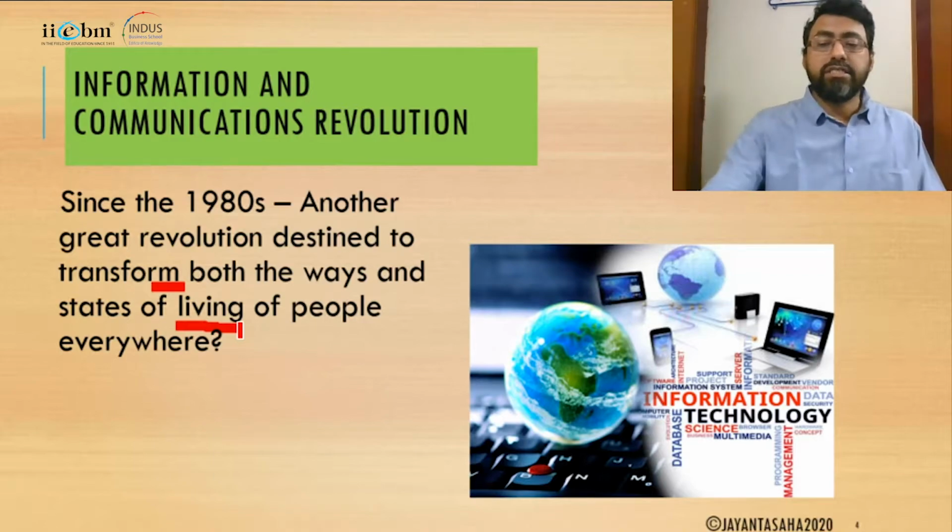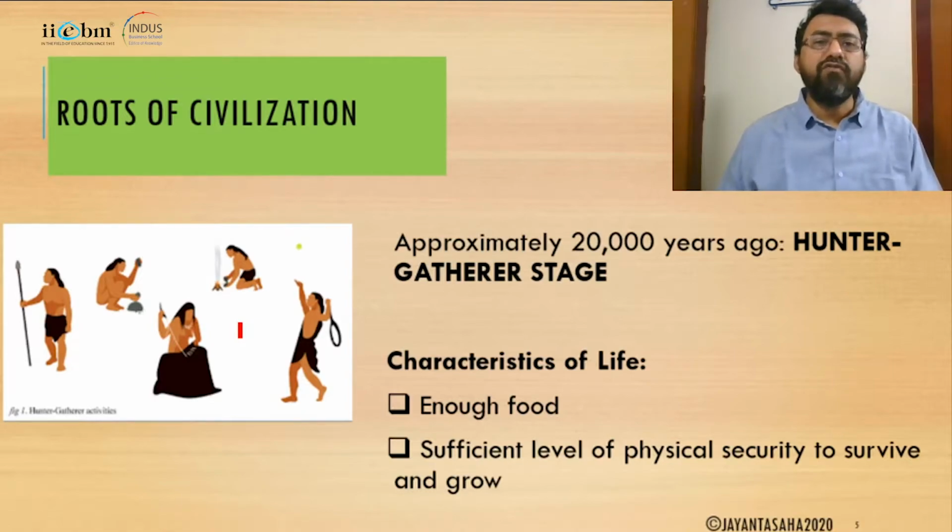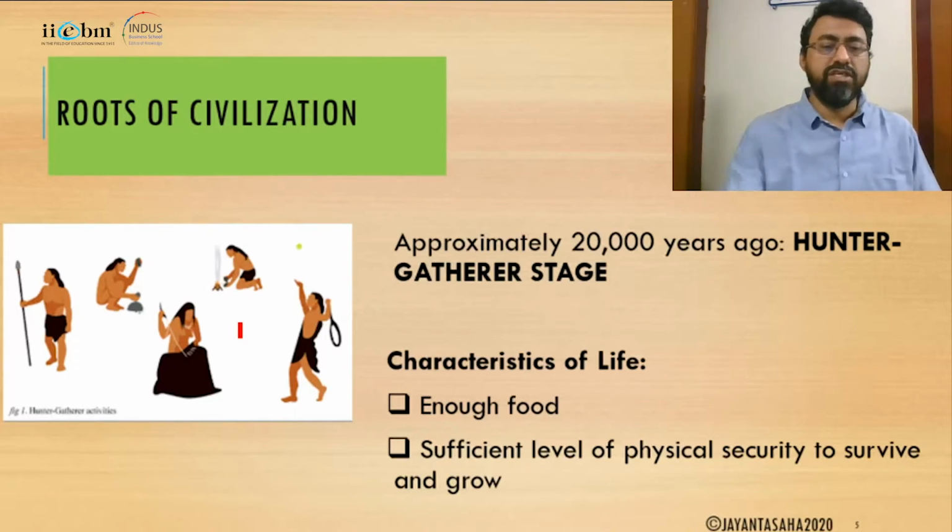So let's start our discussion with a little bit of specific focus on the first way of existence for human beings. All of us have seen in our school history books something called hunter-gatherer. You must have seen such photos, as the visual shows, of people with spears, people trying to light a fire, people rubbing two stones to produce fire, and so on and so forth.